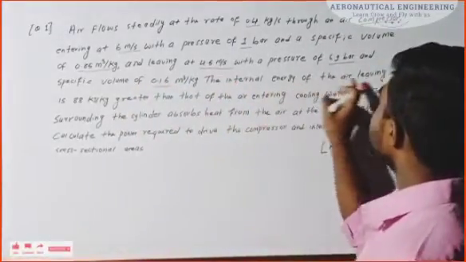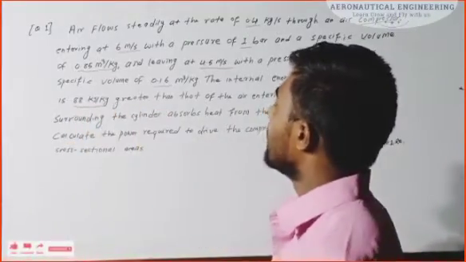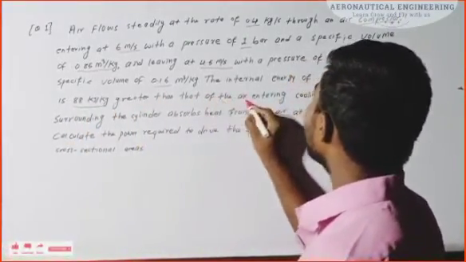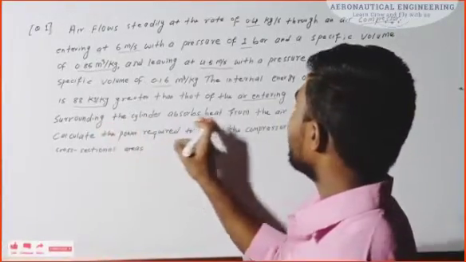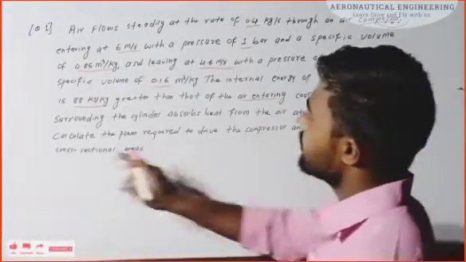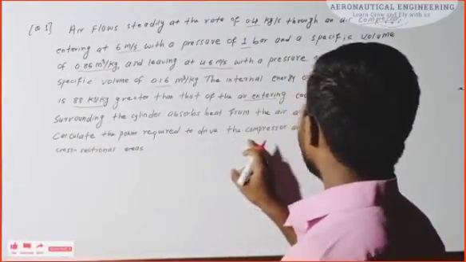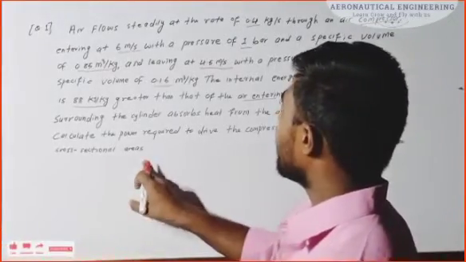The internal energy of the air leaving is 88 kilojoule per kg greater than that of the air entering. Cooling water in a jacket surrounding the cylinder absorbs heat from the air at the rate of 59 watt. Calculate the power required to drive the compressor and the inlet and outlet cross-sectional areas.